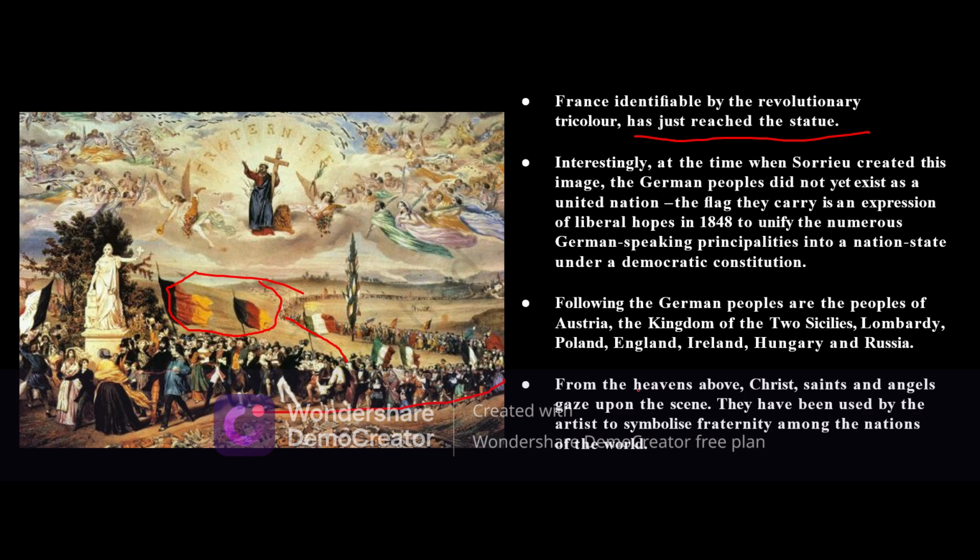They have been used by the artist to symbolize fraternity among the nations of the world. So, as we talked about earlier, we can find a lot of Christian figures in the sky. So, what do these Christian figures symbolize? They symbolize fraternity. This is again a 1 mark question. They can ask it as an MCQ, they can give this painting and ask what the Christian figures in the sky symbolize? They symbolize fraternity.